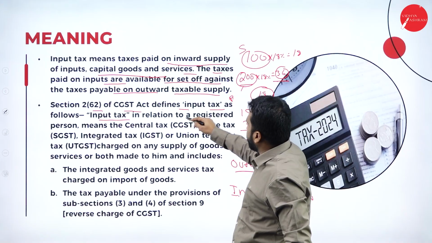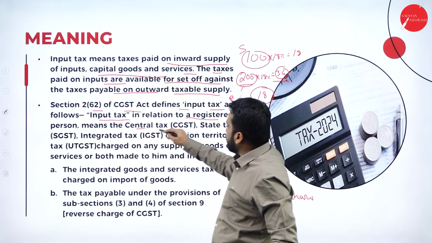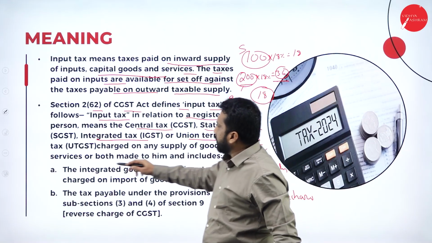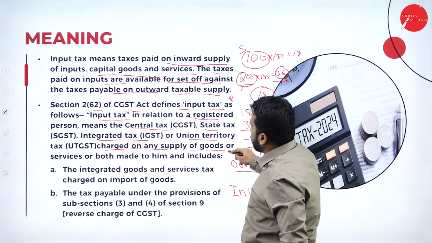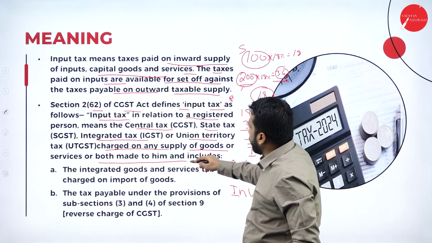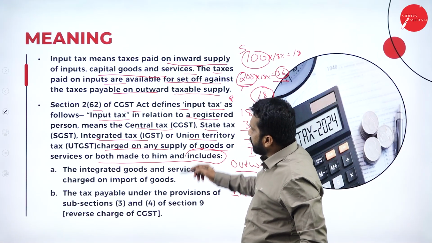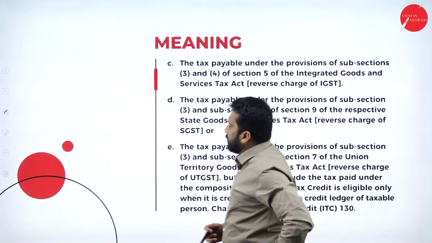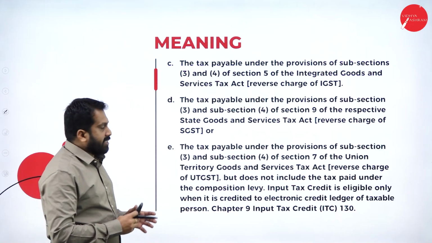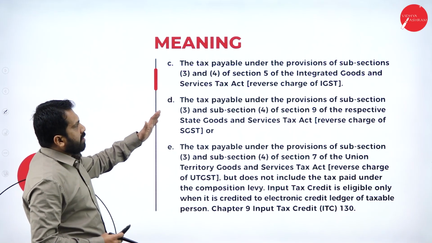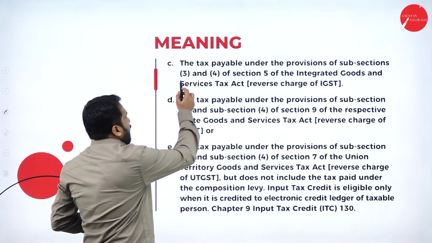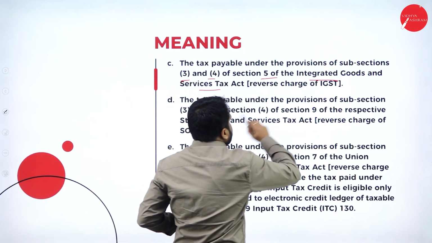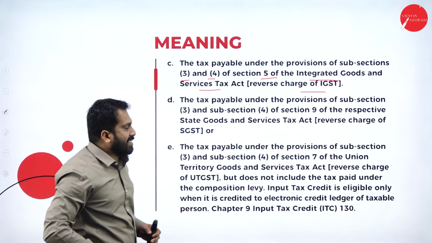Input tax in relation to a registered person means the central tax, state tax, integrated tax or union territory tax charged on any supply of goods or services or both made to him, and includes, and these things I'll explain while doing the problems, the tax payable under the provisions of subsections 3 and 4 of section 5 of the Integrated Goods and Services Tax Act, that is IGST.